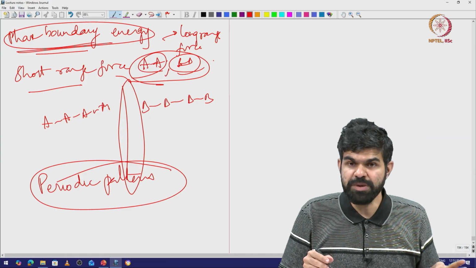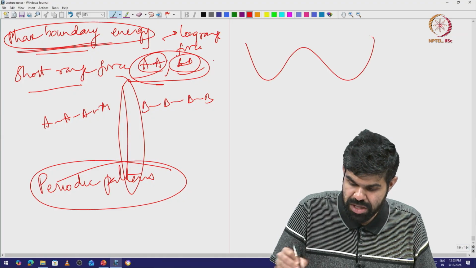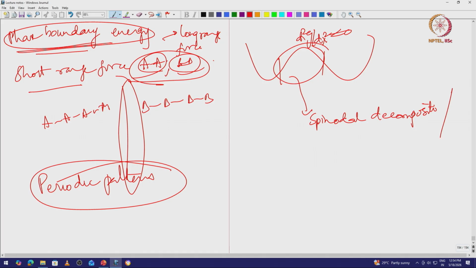Okay. Now, spinodal decomposition occurs in this unstable region, right. So, in the unstable region where d2g by dx square is less than 0, that is where I have spinodal decomposition, or pattern formation. Okay.